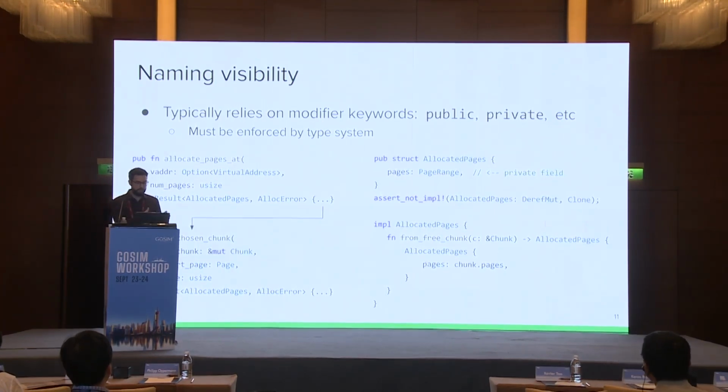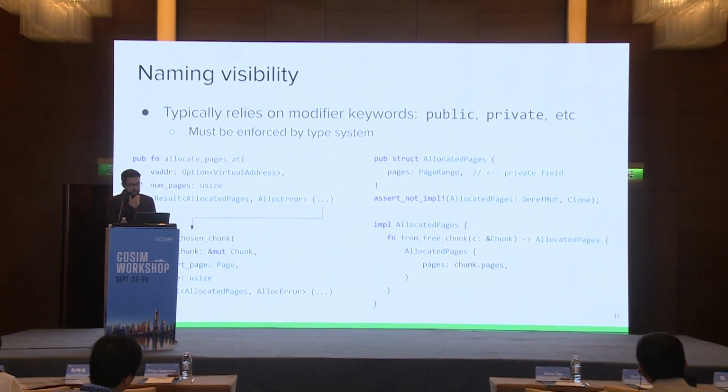So this will perform the logic. It will modify the internal fields of all of these different types that represent unallocated memory and allocated memory. And then it will return an allocated pages object, right? Only if it succeeds can you actually obtain an allocated pages object. And from there, you can use it to do something else. For example, map that to some allocated frames and then access that memory in a safe manner.